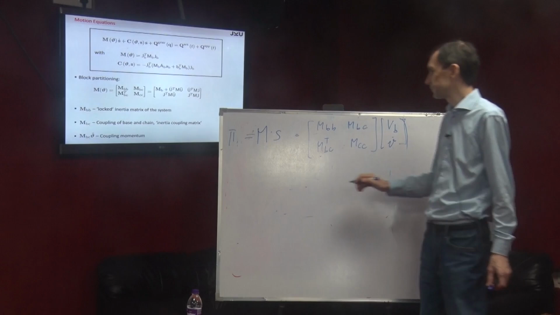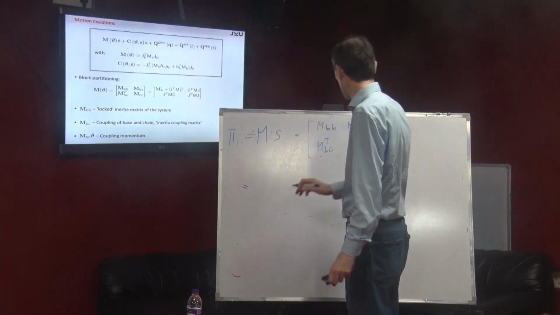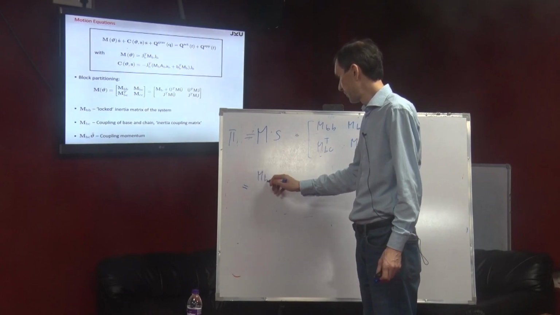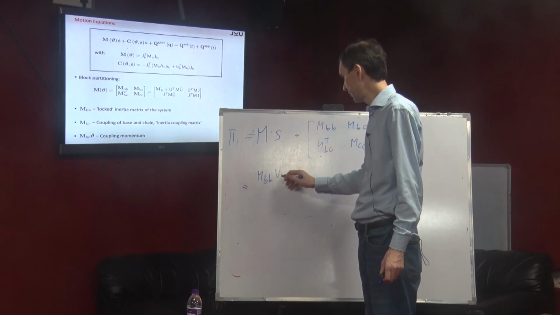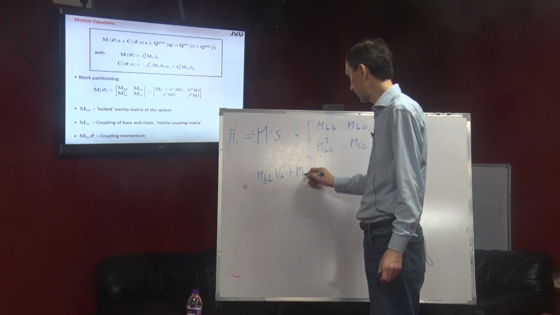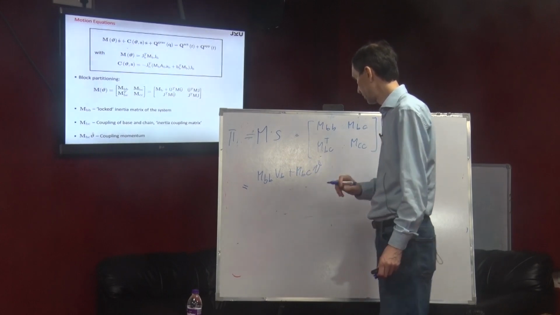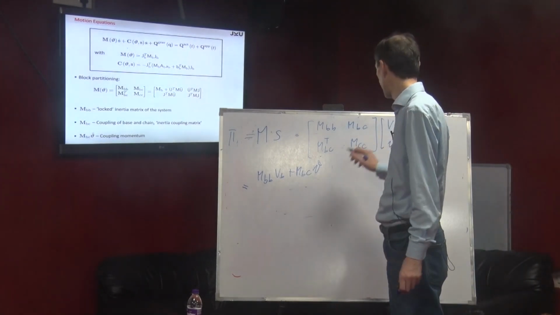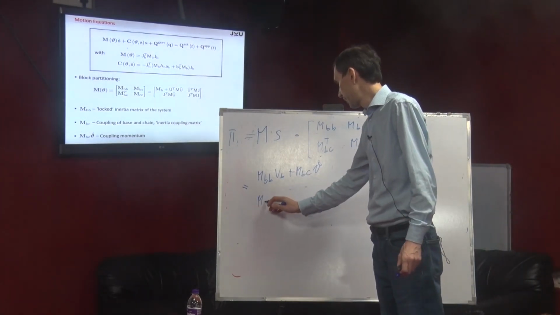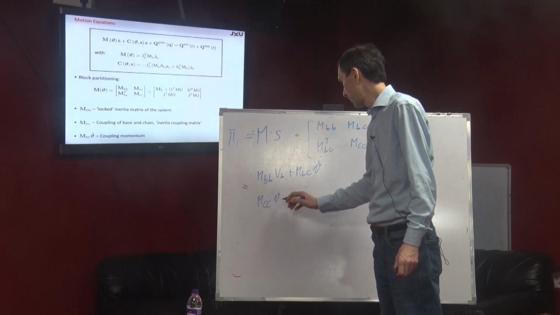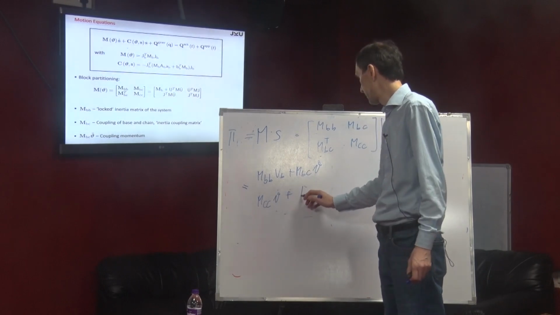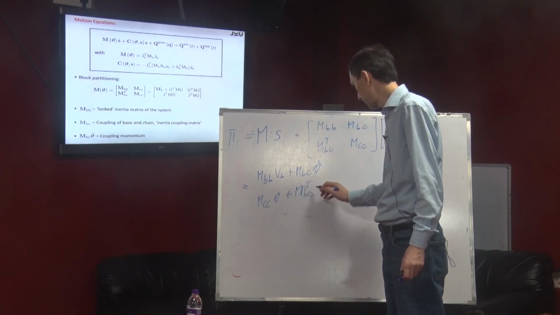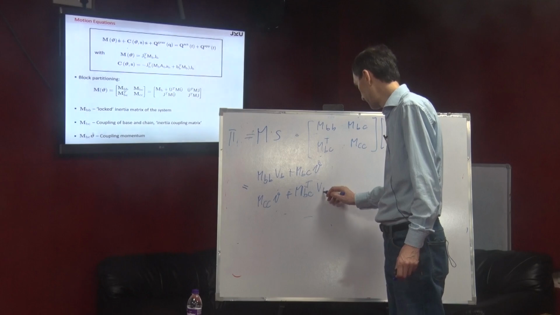Then what do we get? For the first part, we get MBB times VB plus MBC times theta dot, and then we get MCC theta dot plus MBC transposed VB.